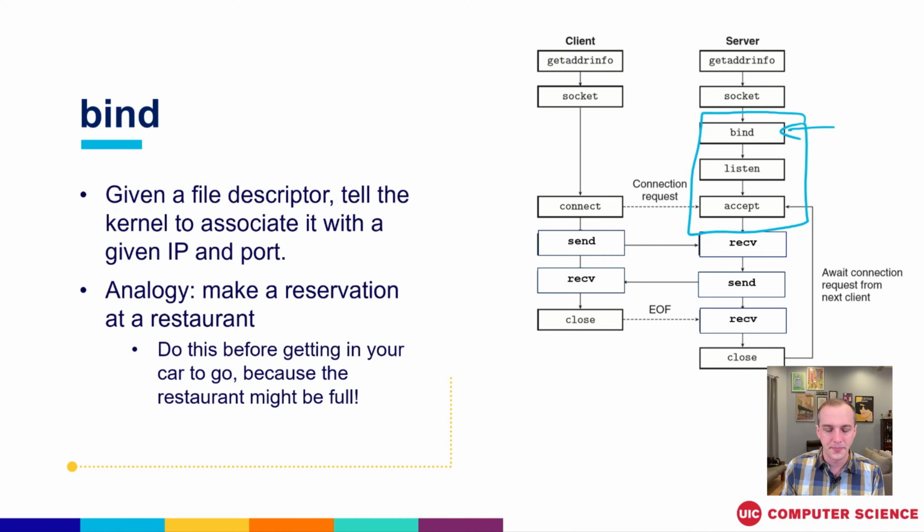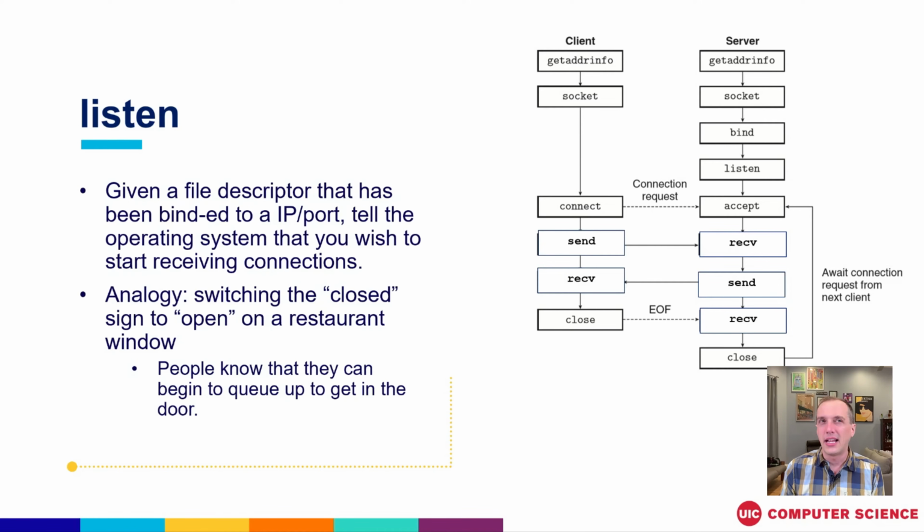The next step is telling the operating system to listen. And this is where it gets a little bit more confusing because, yeah, it makes sense that you have to bind something. But the 2 things here, listen and accept, get a little bit trickier. So given a file descriptor that has been bound, tell the operating system that you wish to start receiving connections. This is analogous to like taking the closed sign and switching it over to open.